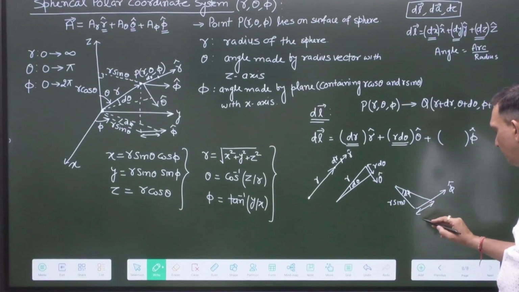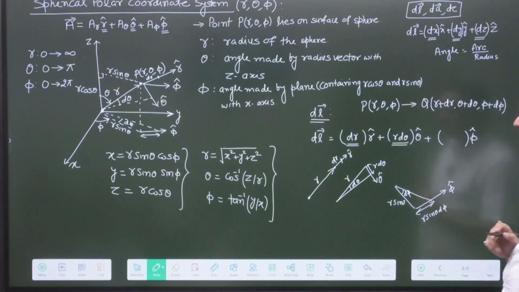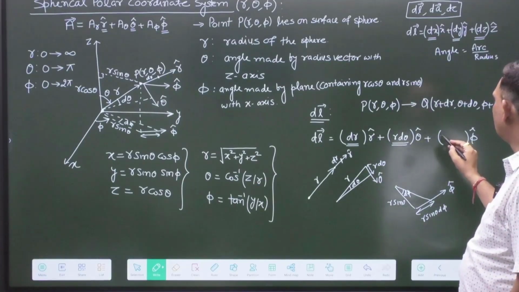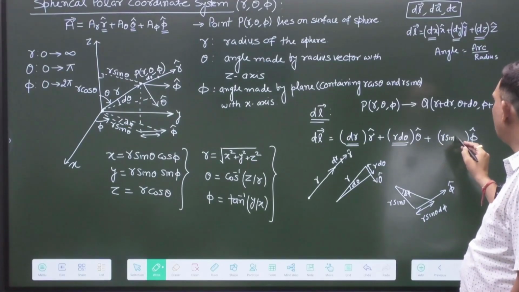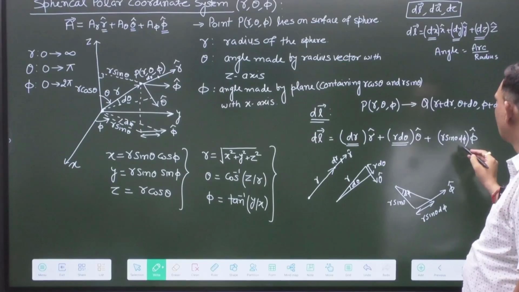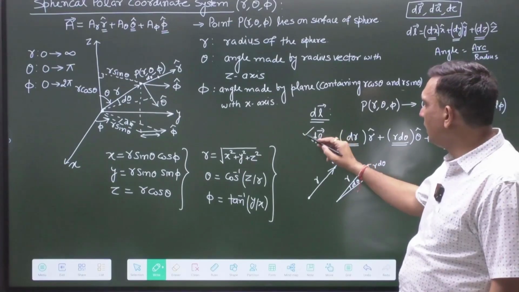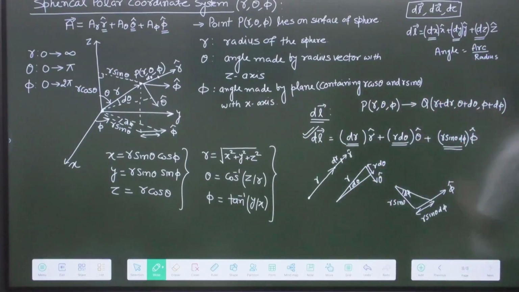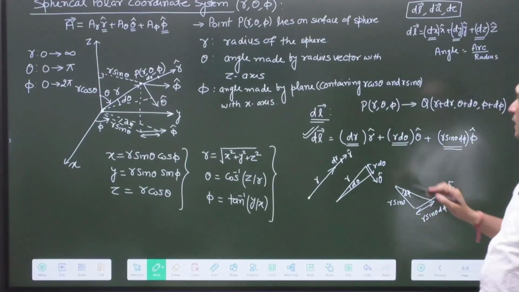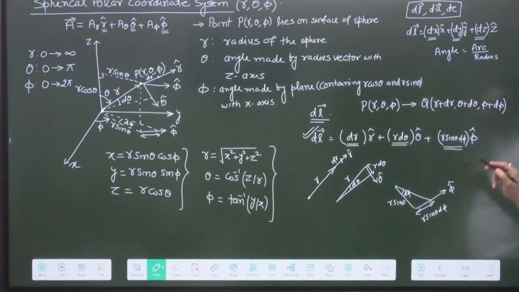So again arc will be r sine theta into d phi. So this is dl vector. This is dl vector in spherical polar coordinate. So must remember dl in spherical polar coordinate: dr r cap, r d theta theta cap, r sine theta d phi phi cap.